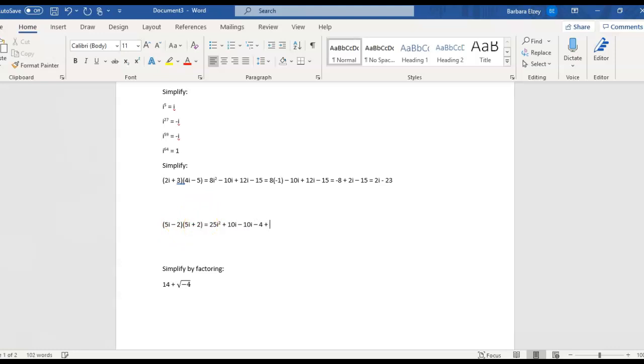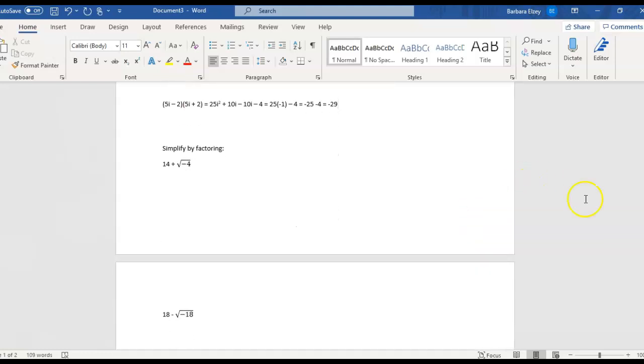Now again, we've got that i squared. Let's replace it with a negative 1. Notice 10i and negative 10i will cancel one another. So we end up with negative 25 minus 4. We get a real number out of the multiplication there. We get negative 29.